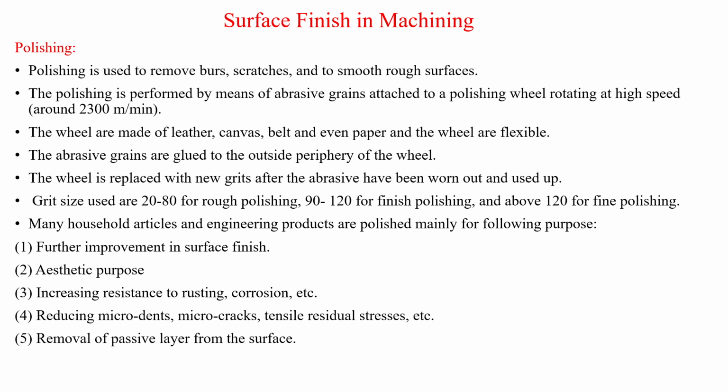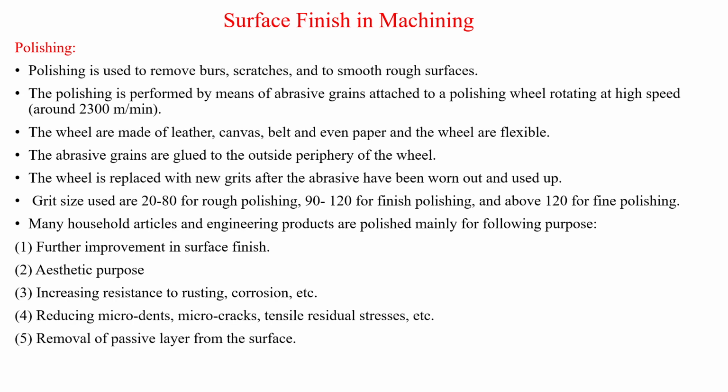If you want to polish some surface, you use emery paper and scratch paper, that brown color scratch paper that you might have used in your homes also. Those papers are used to make a surface even, to remove burrs, to remove scratches, to smooth the rough surface. So this is mainly polishing.